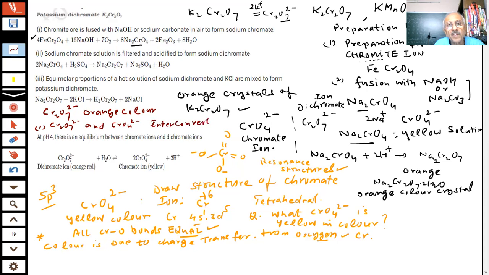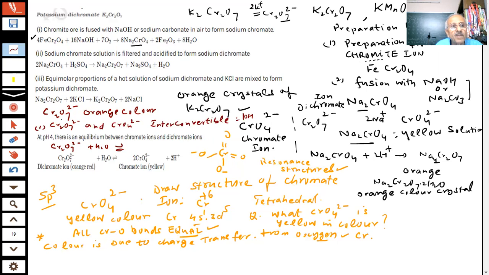Now, a question has been asked here. It depends on the pH of the solution. So when the pH changes, the color will change. If it is yellow, then which ions do you have? Chromate ions. If it becomes orange, then dichromate ions. So this is your dichromate 2 minus, and with water there is an equilibrium at pH 4.